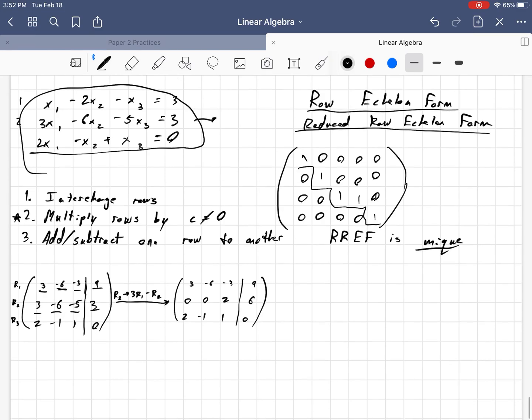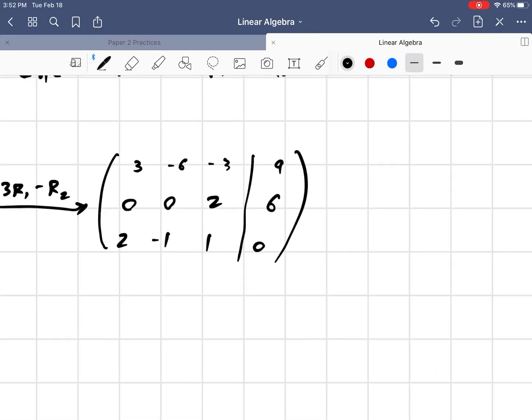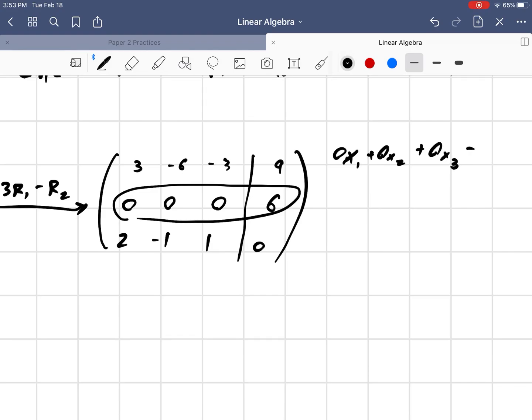And one final thing I want to mention: in this matrix, let's say I change this to a 0 instead of a 2. What does this mean for the system? Later, when we get to elimination, this would imply that 0x sub 1 plus 0x sub 2 plus 0x sub 3 is equal to 6, or in other words, that 0 is equal to 6. Obviously that is not true.